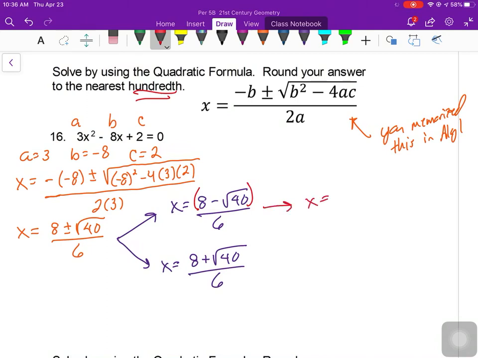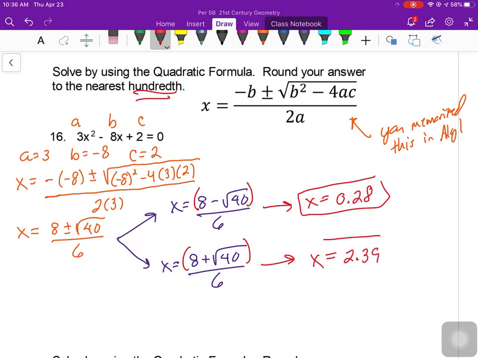If we work out that whole top one using the negative sign, we get x equals 0.28. If we work out the bottom one, and again, do not forget those parentheses, we end up with x equals 2.39. Again, two answers, and you must box your answers.